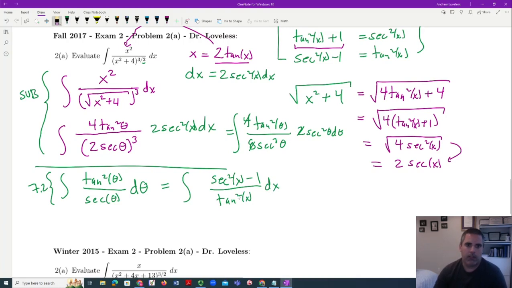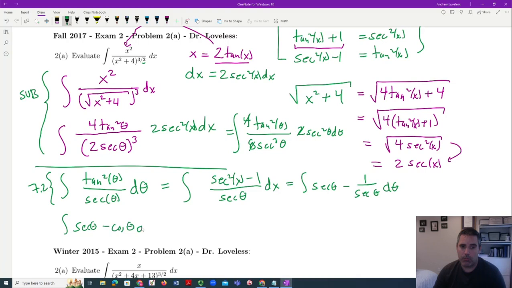So wait a second, we can simplify that. That's going to become secant of theta minus 1 over secant of theta. And 1 over secant of theta is cosine of theta.